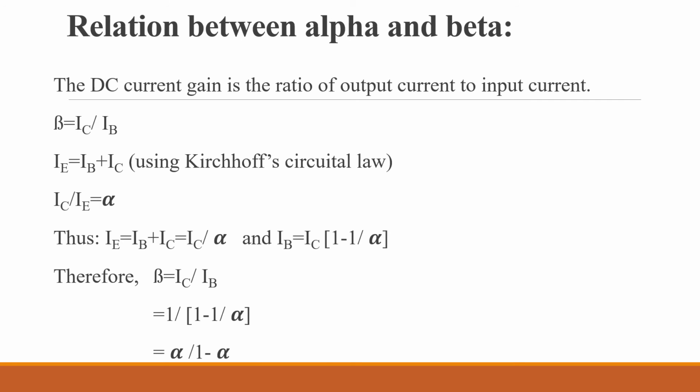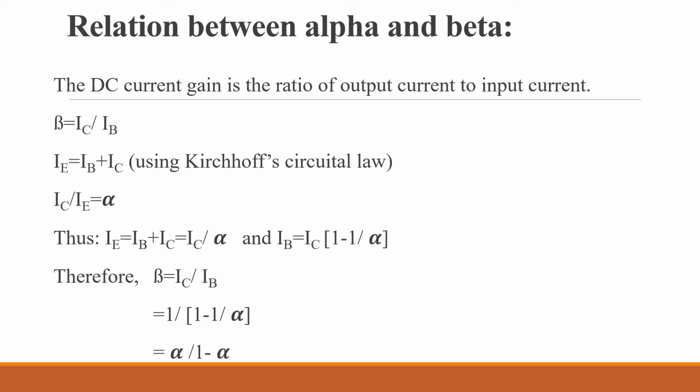Let us see the relation between alpha and beta. The DC current gain is the ratio of output current to input current, isn't it? So we'll take beta is equal to IC by IB, and IE is equal to IB plus IC. This is from Kirchhoff's circuital law, as per the circuit diagram. Also, the current gain alpha is equal to IC by IE.